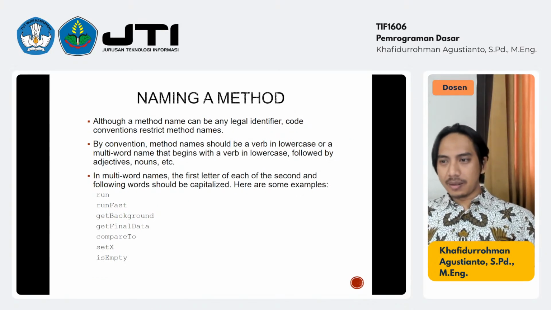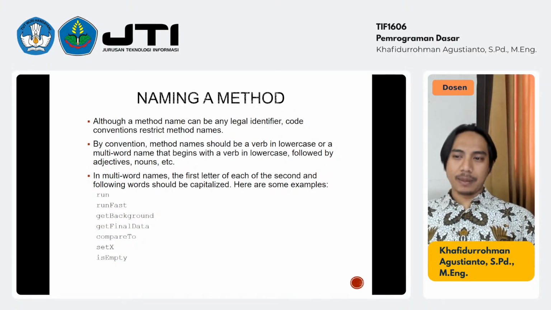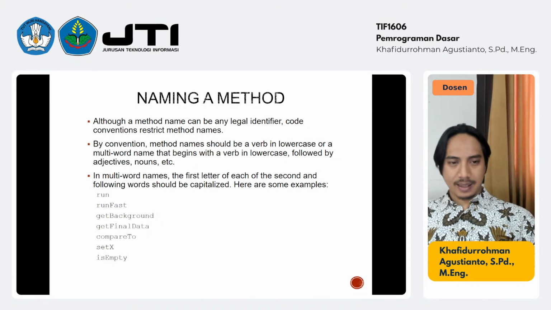Although a method name can be any legal identifier, code conventions restrict method names. By convention, method names should be verbs in lowercase or multi-word names that begin with a verb in lowercase, followed by adjective, noun, and so on.